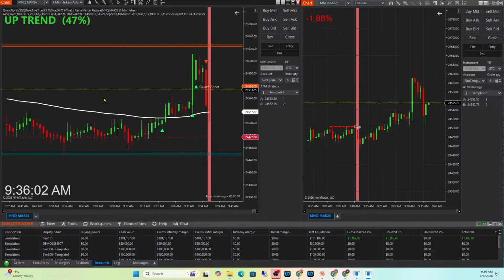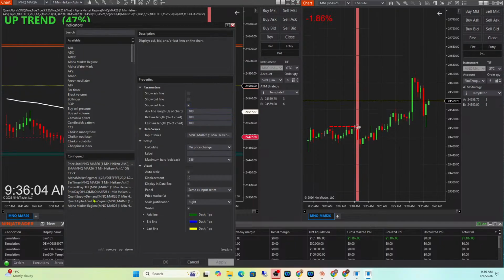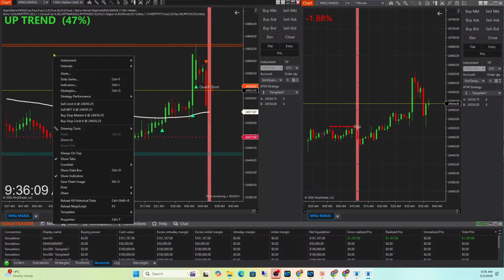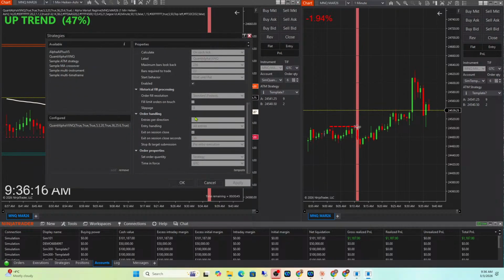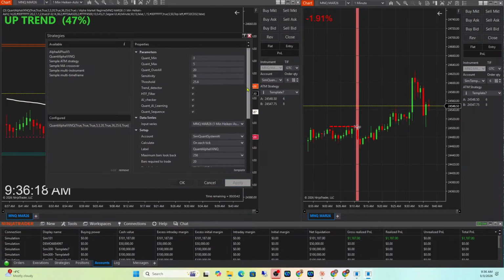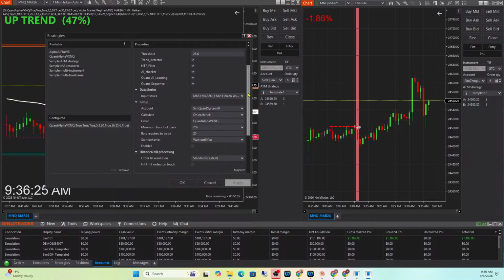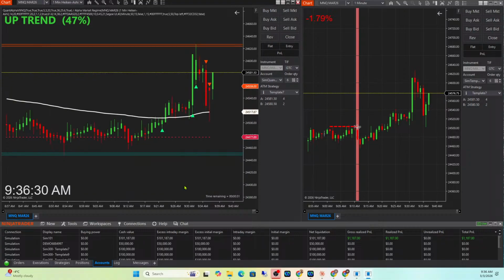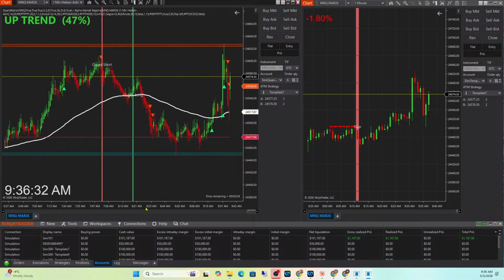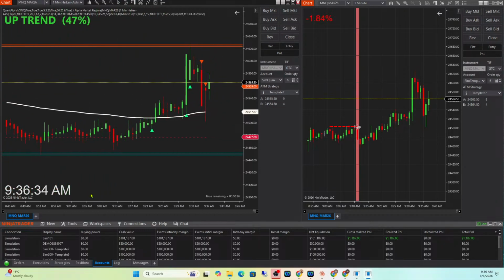Just want to also change this color here. So now this one didn't close below the 100, so no trade. We'll see.